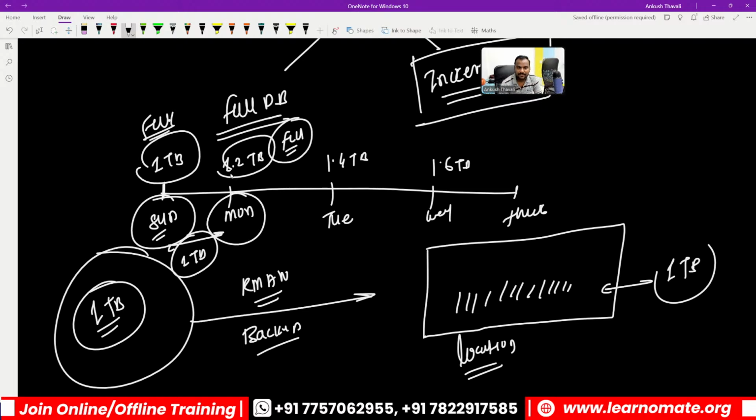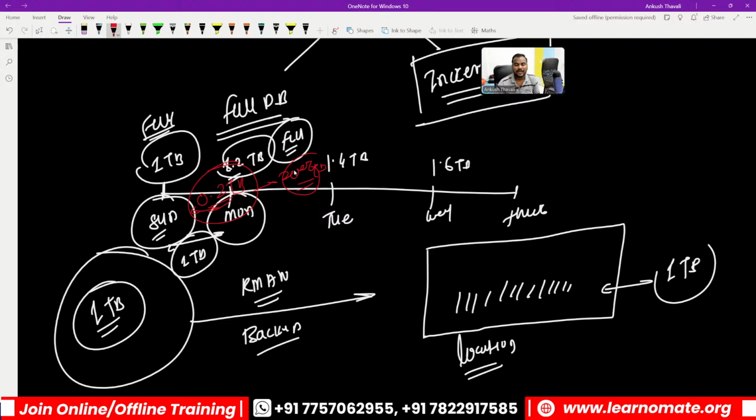Monday my database size is 1.2 terabyte. So from Sunday to Monday, there is only a change of 0.2 terabyte, so basically a size of 200 GB. Daily my database is increased by 200 GB only.